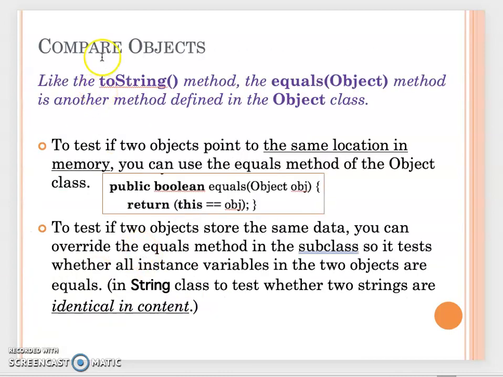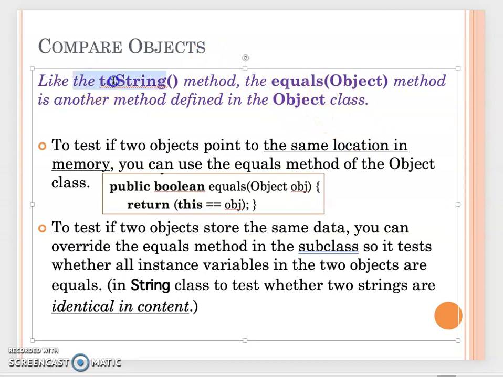How should we compare objects using the equals method? The equals method, just like the toString method, is defined in the Object class. Originally in the Object class, they declare and define the equals method like this.